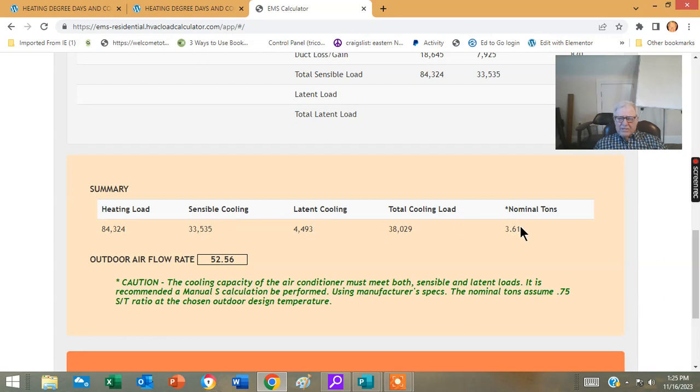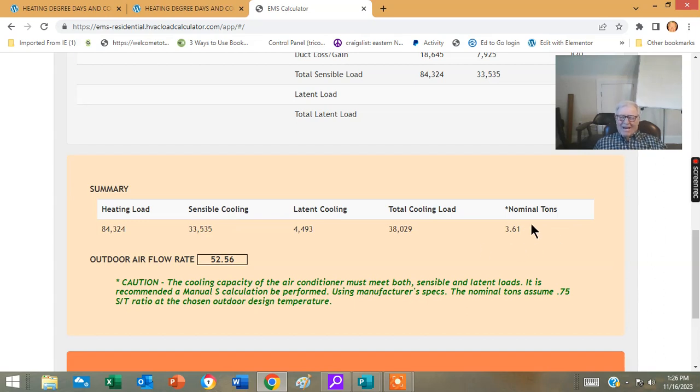It's asking you to put in 3.61 tons of air conditioning. You might put a 3.5 in there, or a 4 ton. You can talk it over with the owner, say, "You know, you're pretty close to a 3.5 ton unit." But if the homeowner is really worried about staying cool, let him make that decision.